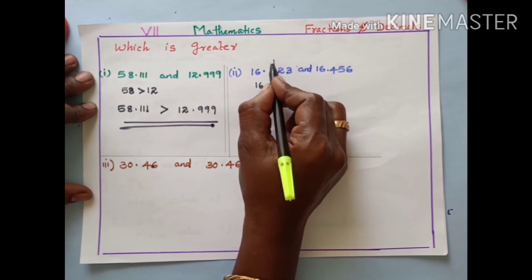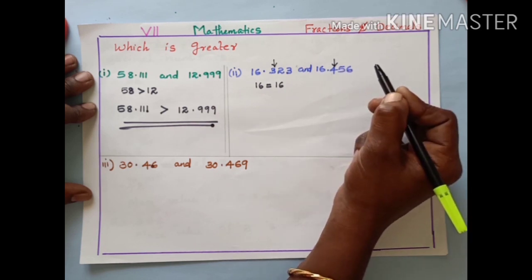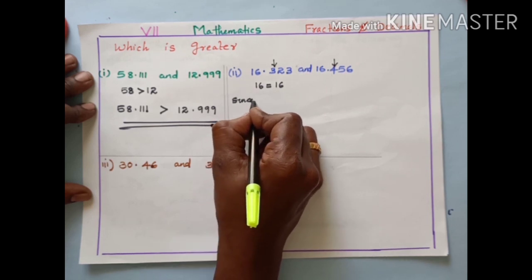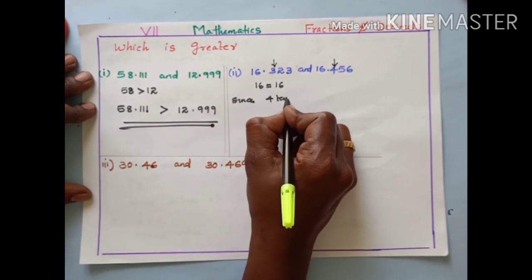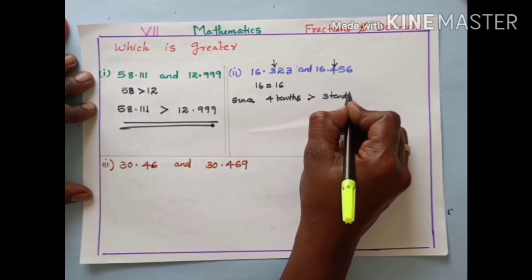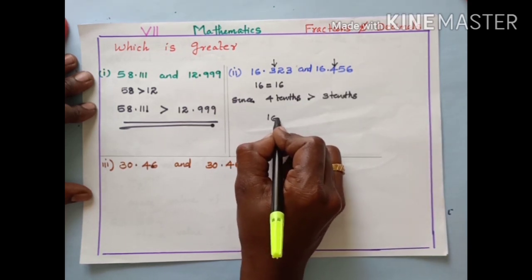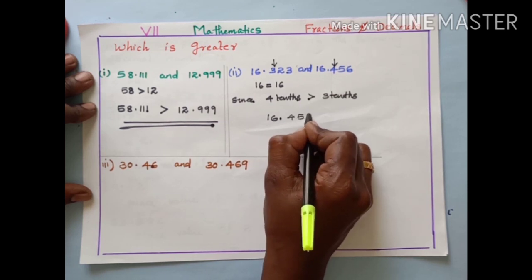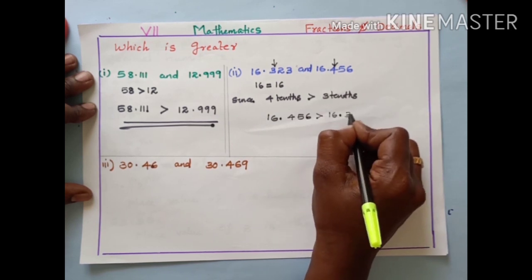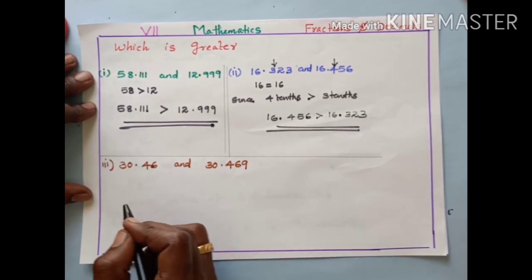So tenths digit is here 3, here 4. So which is greater? Yes, 4/10 is greater than 3/10. So we can say that 16.456 is greater than 16.323. Clear, all of you? Listen to the third question.